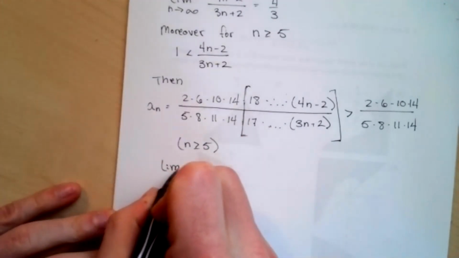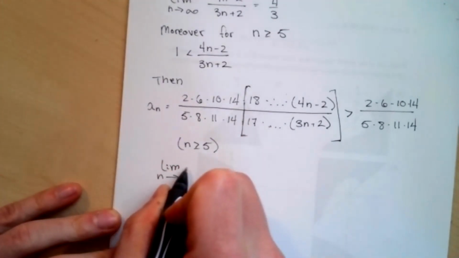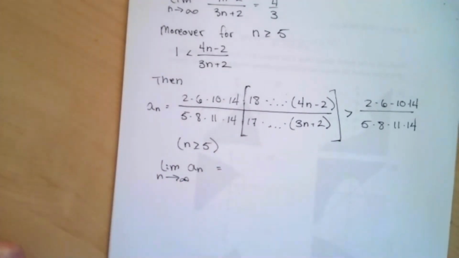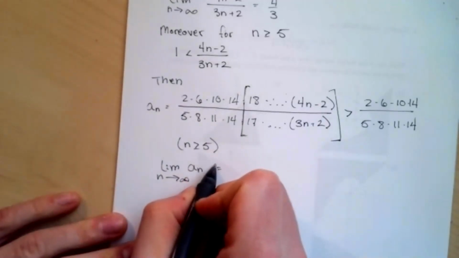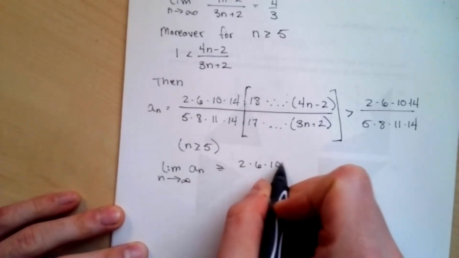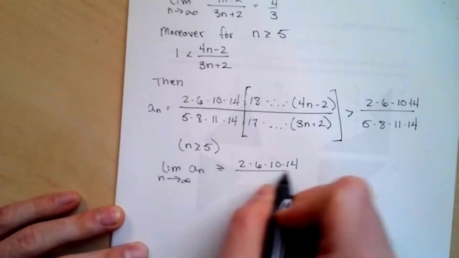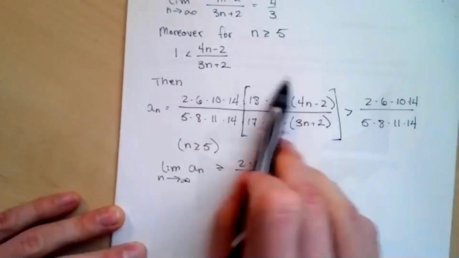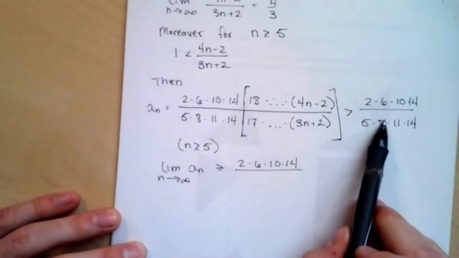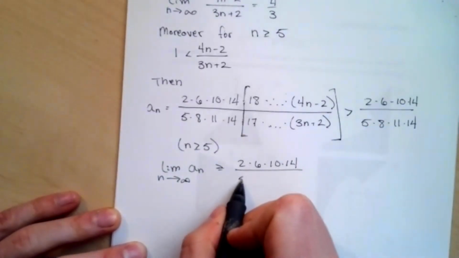Meaning, what's now going to happen as I take my limit as n goes to infinity of a_n? It's going to have to be bigger than this term. If every single term in the sequence of individual terms beyond 5 is bigger than this, it'll never get below that.